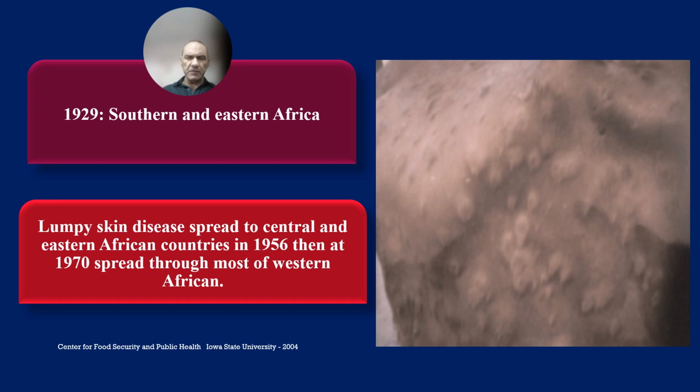Lumpy skin disease spread to Central and Eastern African countries in 1956, then in 1970 spread through most of Western Africa. This is a picture of multiple nodules present at the neck, the chest, and the scapular area of an affected cattle.